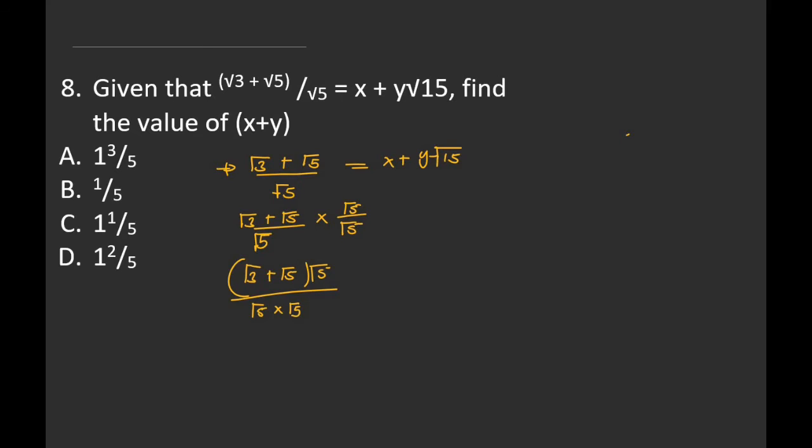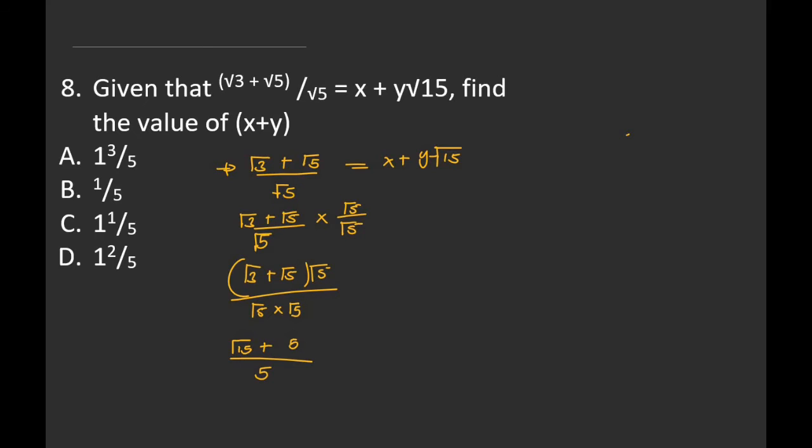So multiply the numerator, that will be root 3 times root 5, which is root 15, plus root 5 times root 5. Square root of 5 times square root of 5 is square root of 25, which is just 5 at the end of the day. Then at the denominator, square root of 5 times square root of 5 is 5 without the square root.